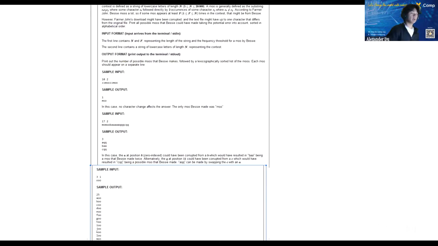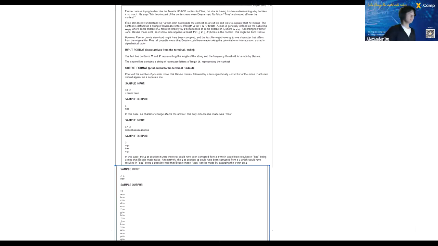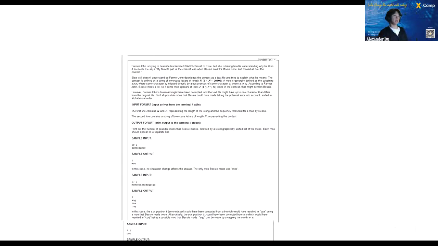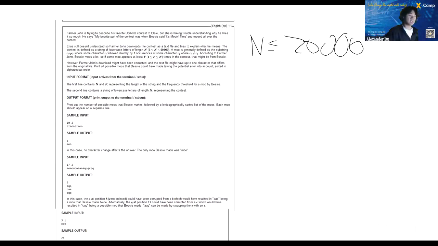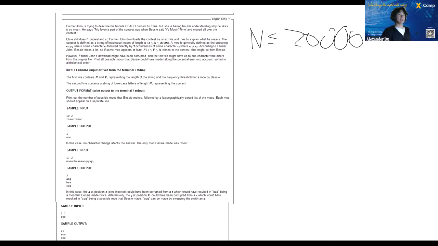So let's go over the problem statement really quickly again. The problem statement says that we have n lowercase characters. The first thing to do is list out all the variables. So n is less than 20,000, right? And a moo is defined as a substring of basically a, b, b, where a and b are different characters.